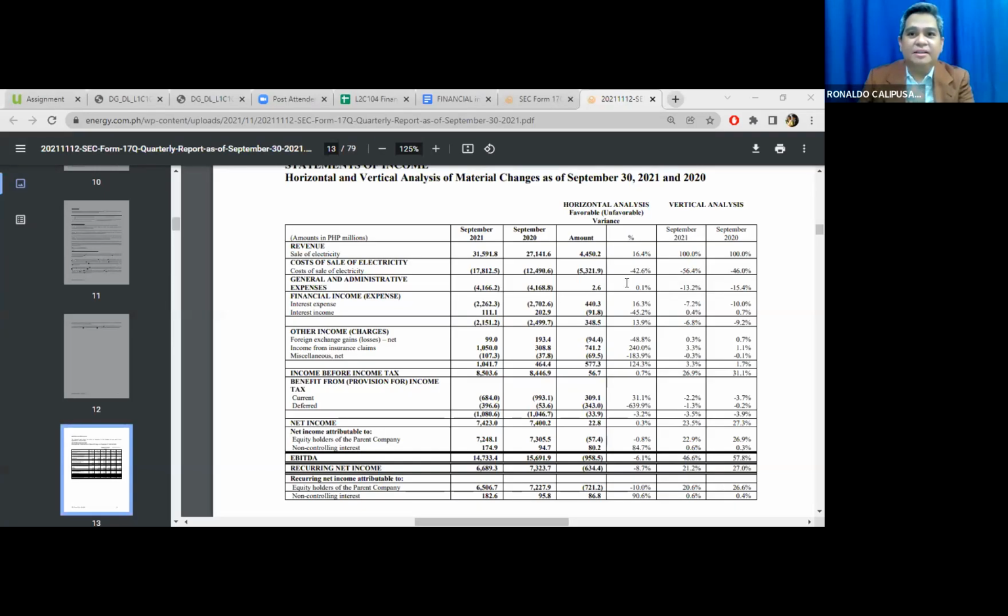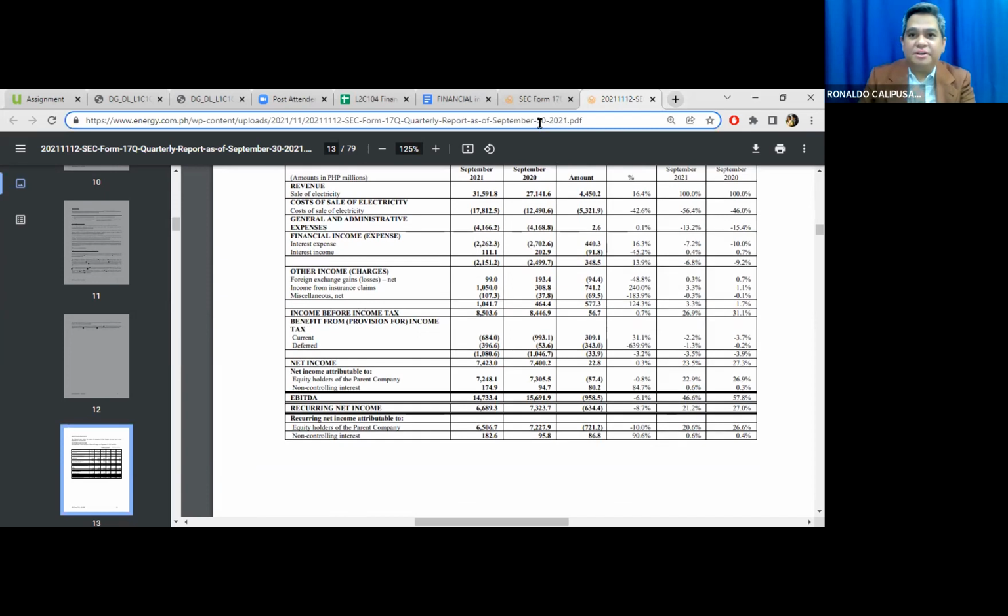If you want to see some information on a publicly listed company, you type pse.com.ph in your browser.